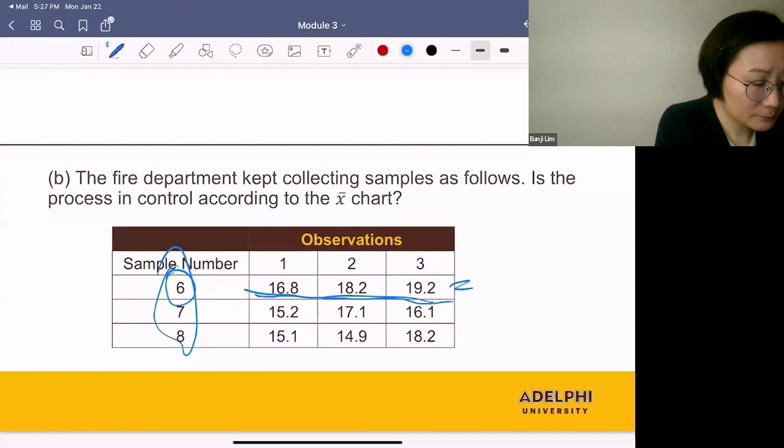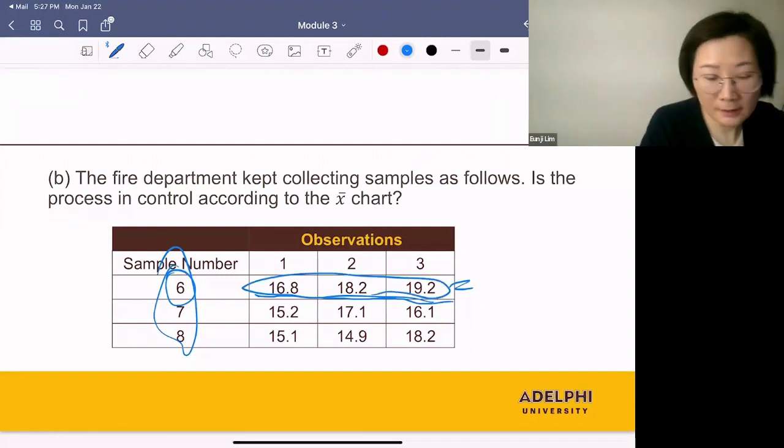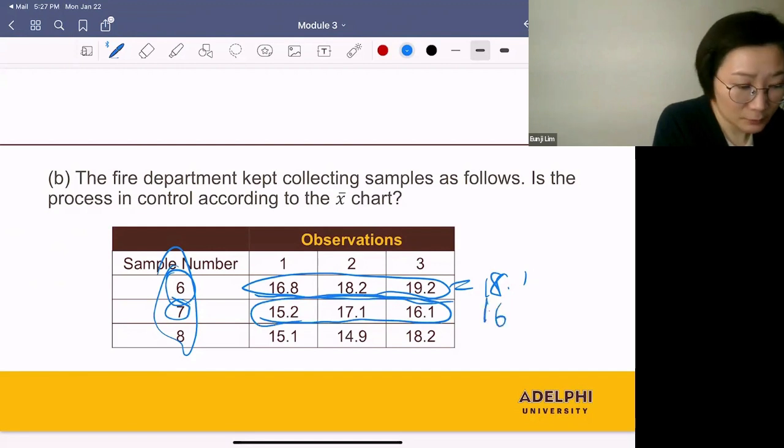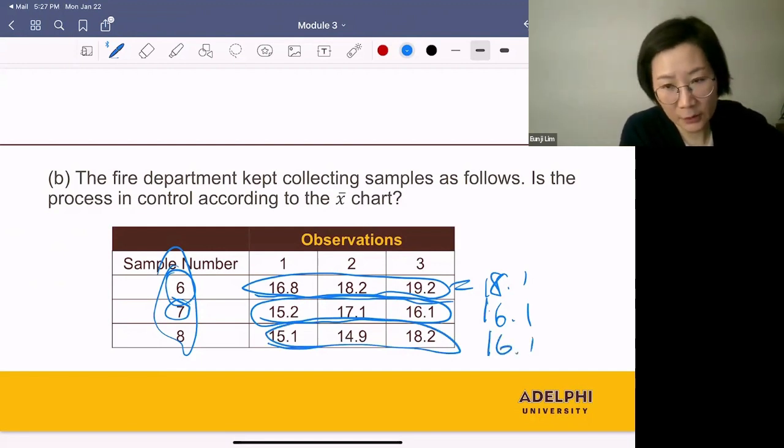So we compute the average of these 3, that's 18.1. Also, for sample number 7, compute the average of these, 16.1, and for sample 8, the average of these is 16.1, and we can plot this on the X-bar chart.